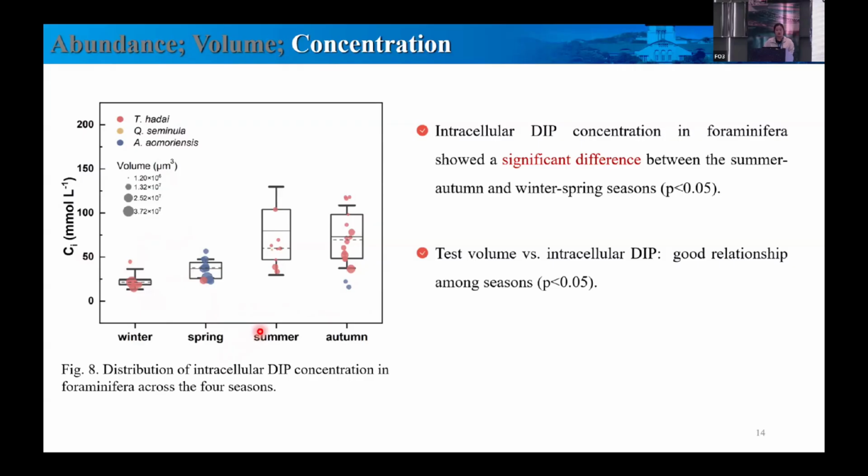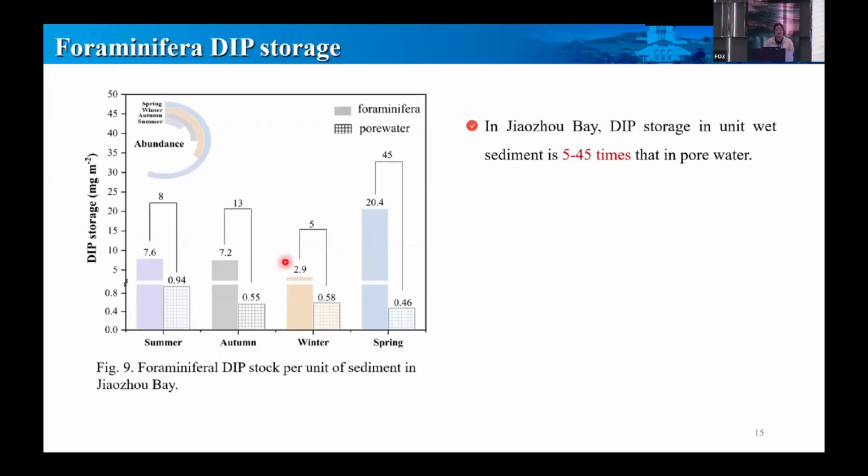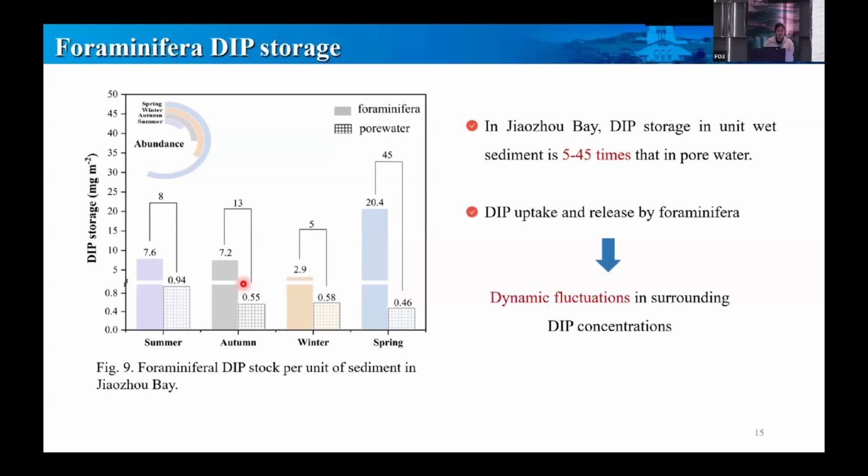So we know about the abundance, volume, and concentration of foraminifera. We can calculate their DIP storage as shown in figure 9. From the figure, we can see that in Jiaozhou Bay, DIP storage in unit wet sediment is 5 to 45 times that in pore water. And we know that they are not just storage units, they are active players.